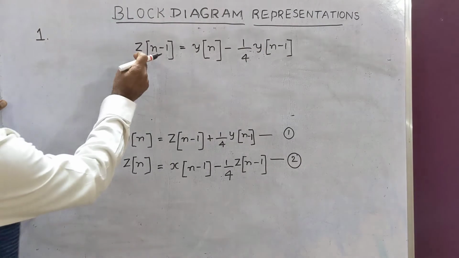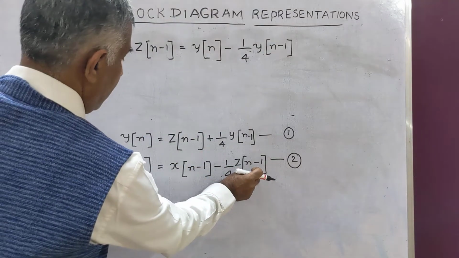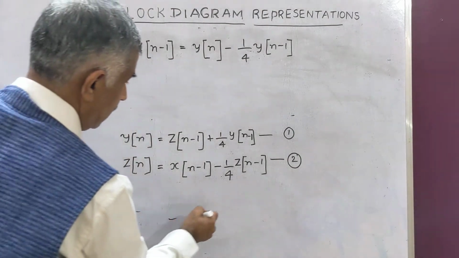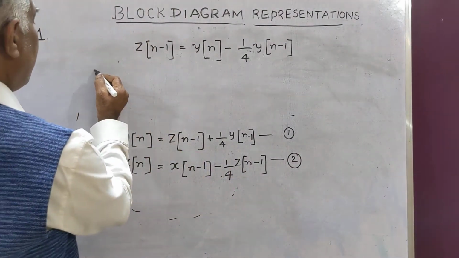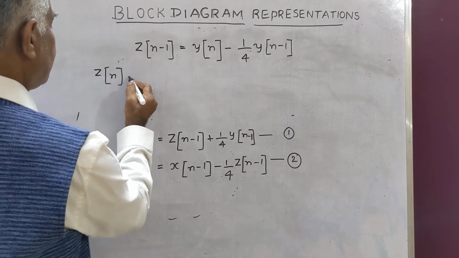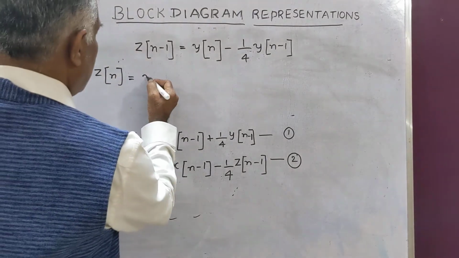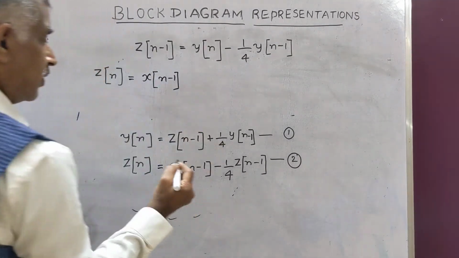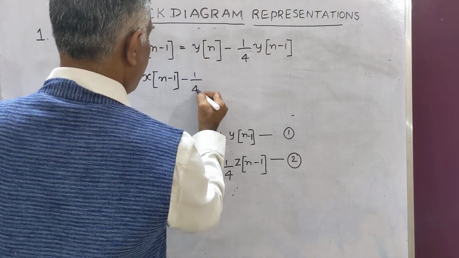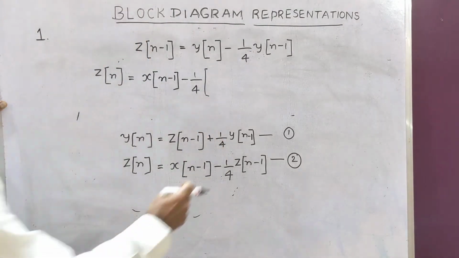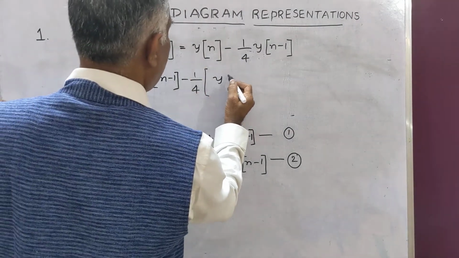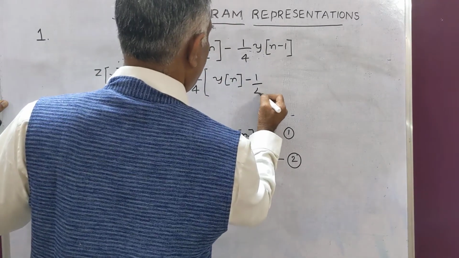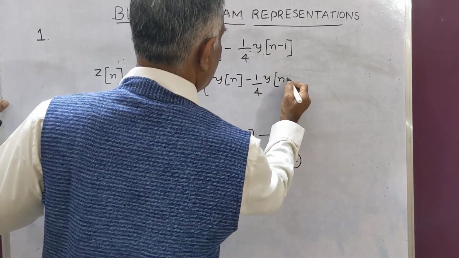Now substitute this z of n minus 1 here. z of n is equal to x of n minus 1 minus 1 by 4 z of n minus 1, and z of n minus 1 is y of n minus 1 by 4 y of n minus 1.